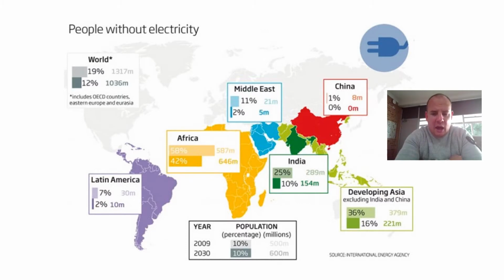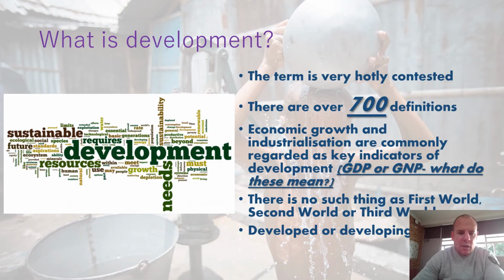We can look at the countries and the percentage of people without electricity, and you can see it's still very high. When we're talking about development, we're looking at ways in which these countries can progress. And one development indicator which we'll look at next lesson is people with access to electricity. So that's what we're really looking at.